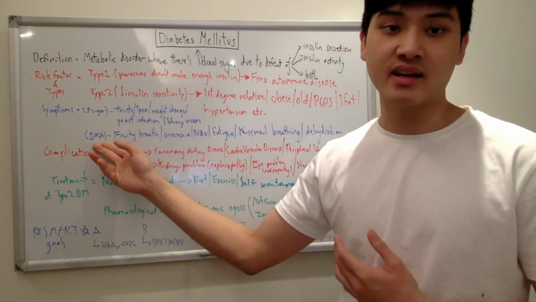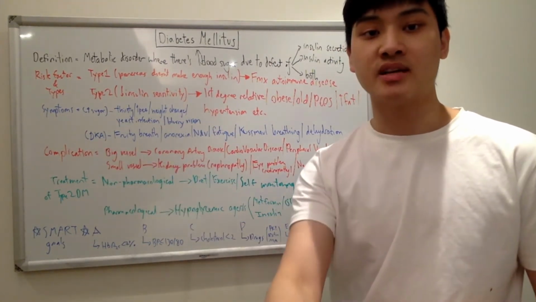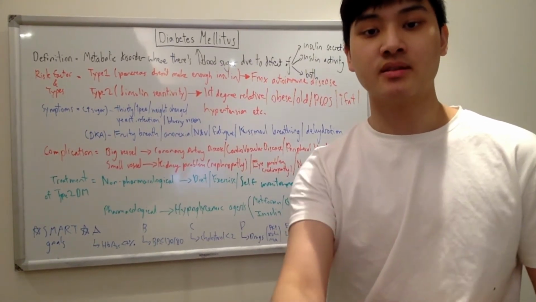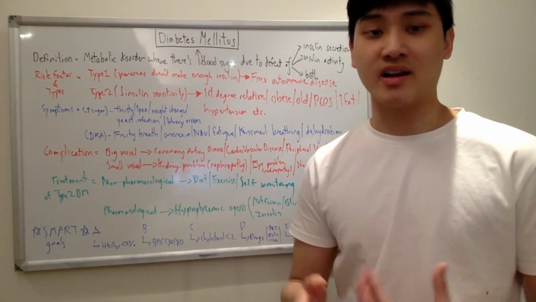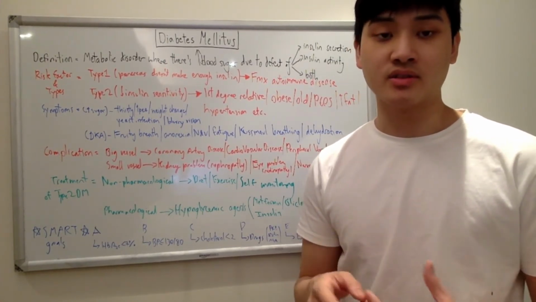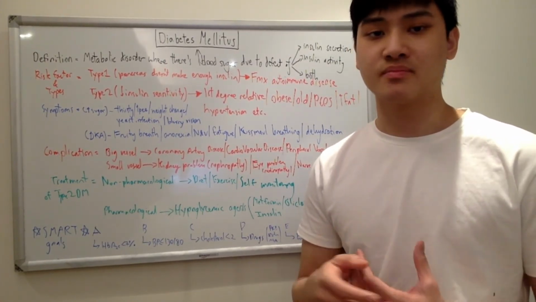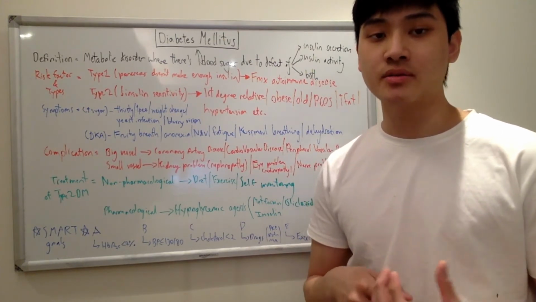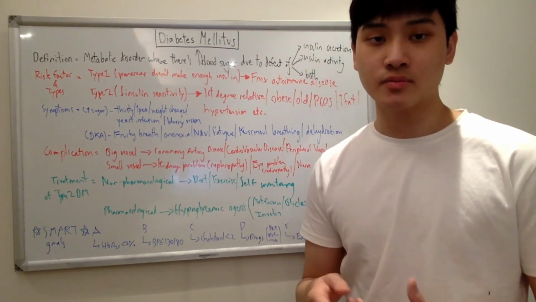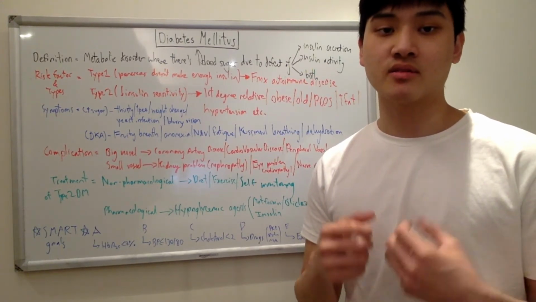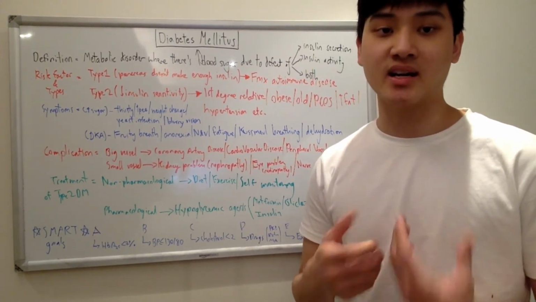And then you have DKA. DKA stands for diabetic ketoacidosis. As you know, glucose is used as a molecule to produce energy in our body. If you have low extraction of glucose from our blood, it means we can't use the glucose.